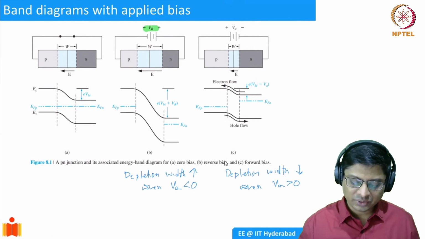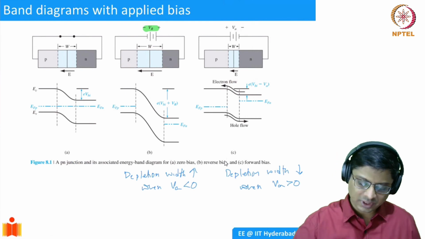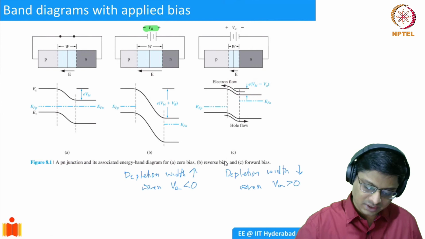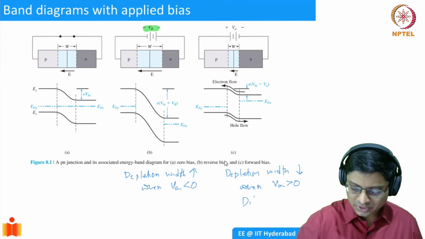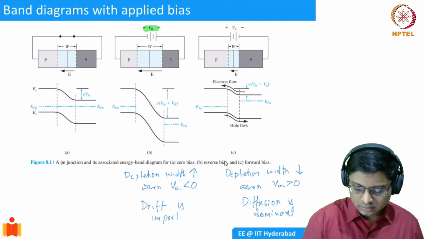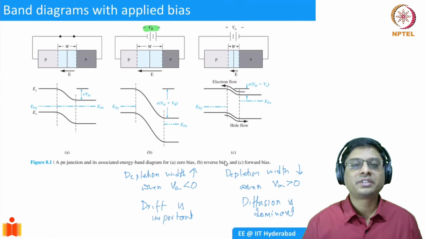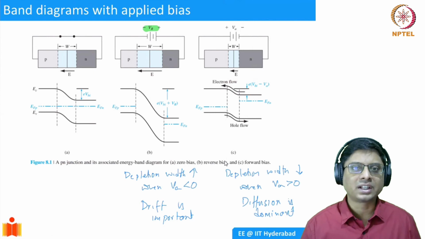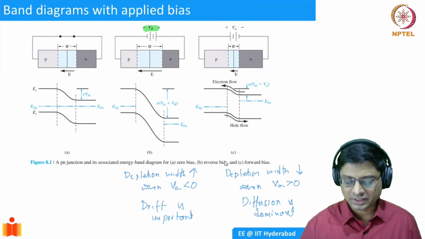So the barrier is reducing, so you have an easier flow of current. In the case of forward bias, you have diffusion which is dominant. Here, drift is important. It's not that there is no drift current in the forward bias. There is still some, but it's negligible compared to the majority carrier diffusion.